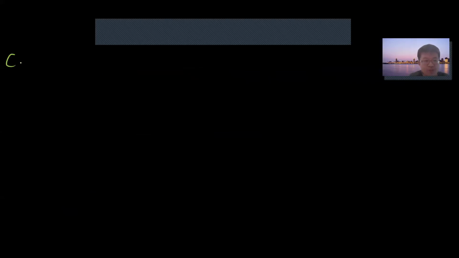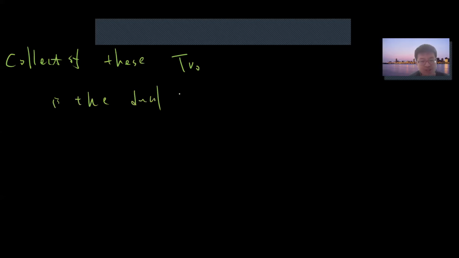So you can collect these T v0. The amazing fact is that the collection of these T v0 is basically the dual space of the dual space, which I should write as V dual dual.